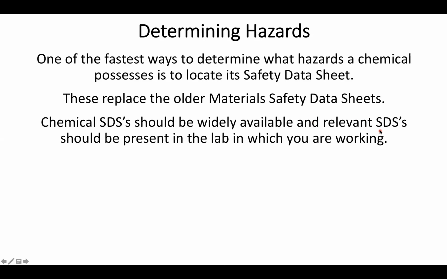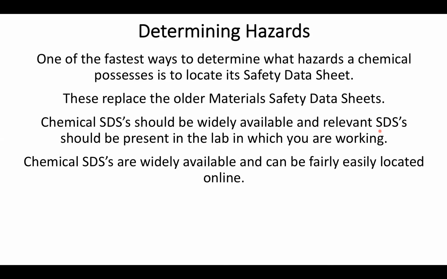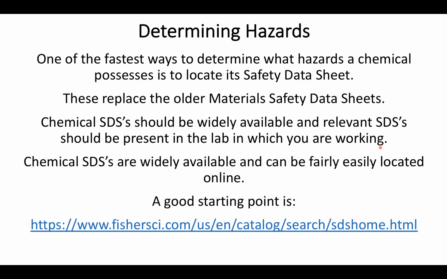If you cannot find them, please ask the instructor, because you should know the danger of every single chemical you're working with. However, it turns out that they are fairly widely available online and pretty easy to locate in our digital age. So a good place to start is a lot of chemical production companies. I highly suggest Fisher, but a lot of individual universities and other companies tend to contain an SDS.